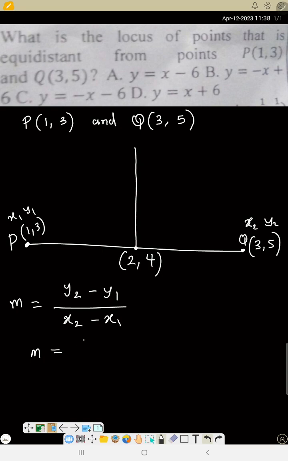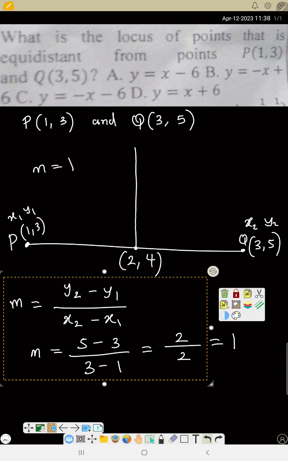So gradient is 5 minus 3 divided by 3 minus 1. So 5 minus 3 is 2, 3 minus 1 is 2. So 2 over 2 is 1. So the gradient of that straight line, m, is equal to 1.